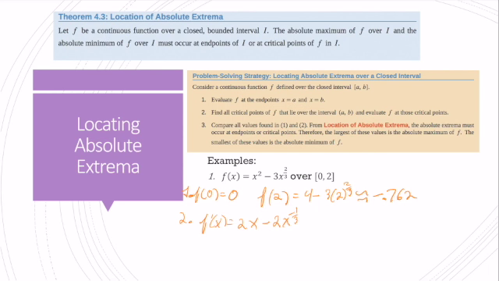If I plugged in 0, I would get undefined. So I also need to set my derivative equal to 0. So I have 2x minus 2x to the negative 1/3 equal to 0.